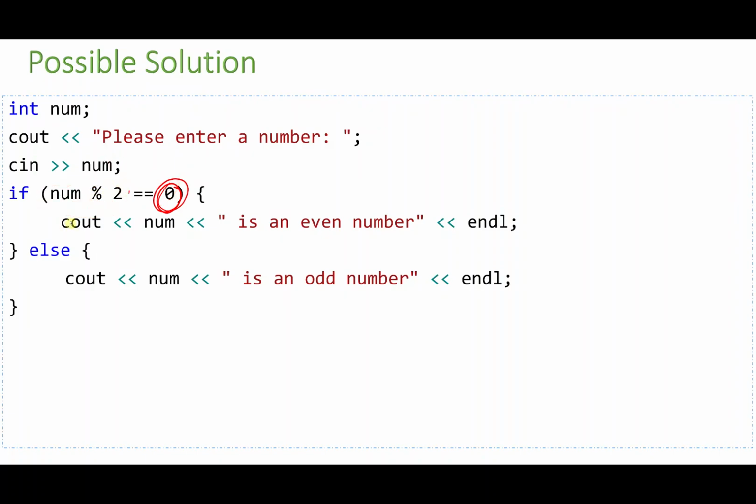If it's just num equal 0, that would matter. But this is a full operation, so it doesn't matter that much whether you have the 0 on the right or the left. But usually we prefer it to be on the left, so you get used to the idea of it.